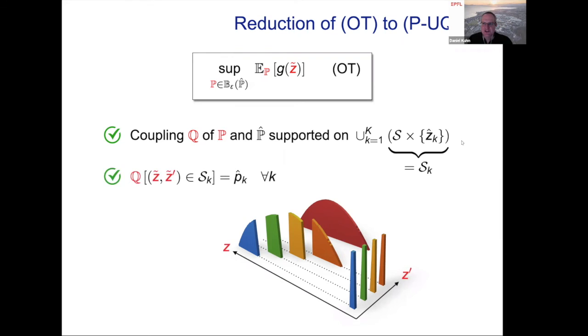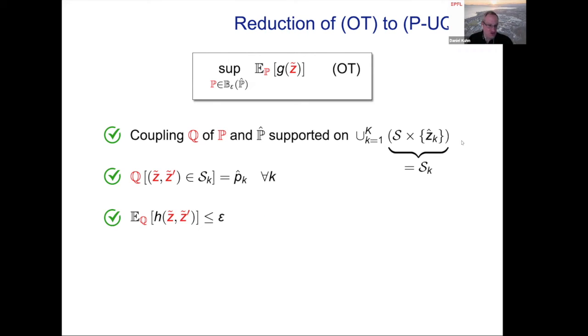In addition, the transportation plan Q must assign to the set Sk the probability of the kth atom in the nominal distribution. We denote this by P hat K. So this is input data for our problem. In addition, any transportation plan Q in the ambiguity set must satisfy the moment inequality shown here. So it must ensure that it uses a transportation budget of at most epsilon. It costs at most epsilon.